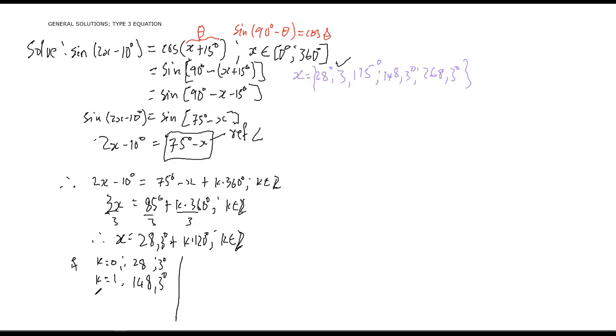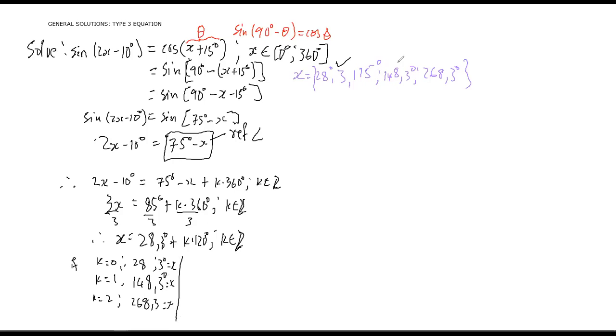Now I want k equals 2. If k equals 2, then what do I have? Think about this. If I put 2 there, I'm going to have 240, and I'm going to add 28.3. That takes me to 268.3. I should actually say this is x, this is x, this is x.